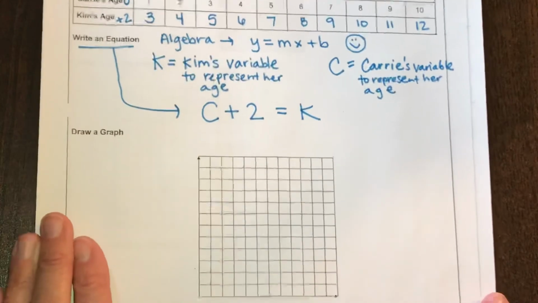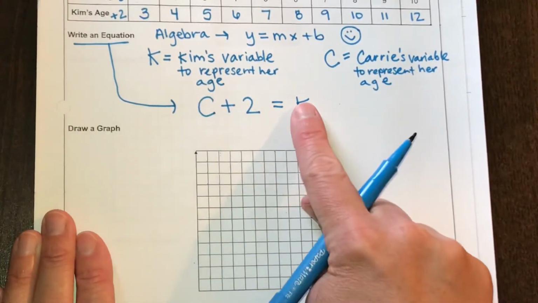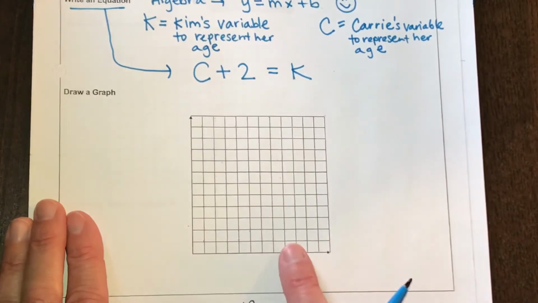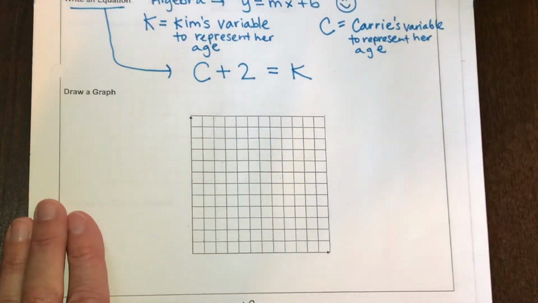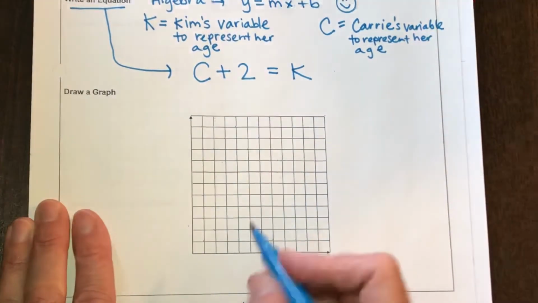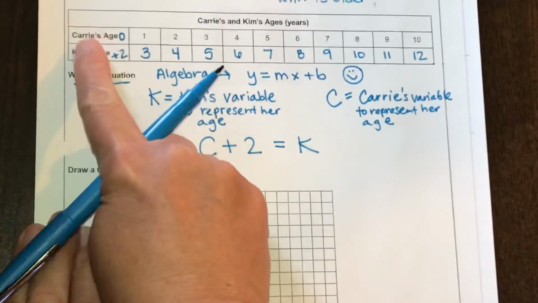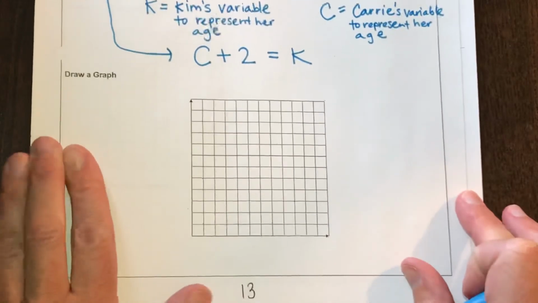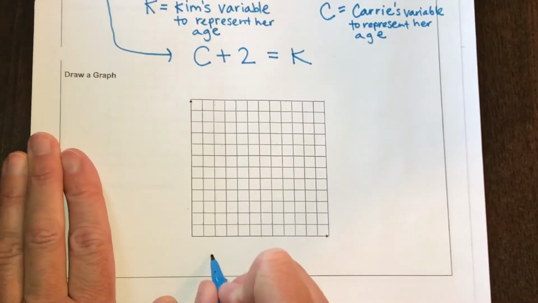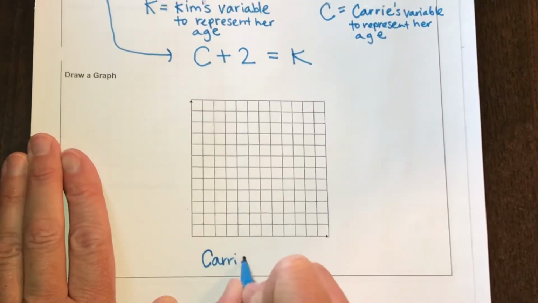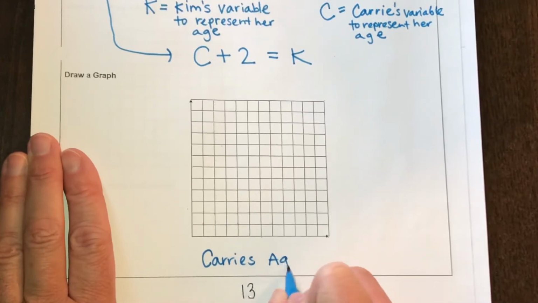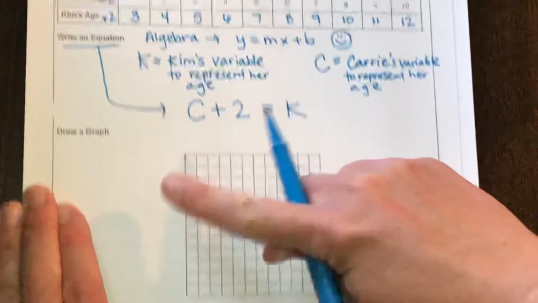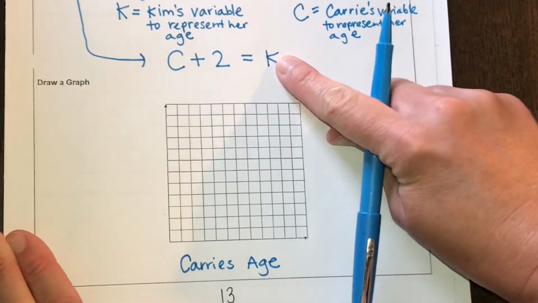Now what I'm going to do is graph this equation. But I need to label my axes first. So what I'm going to do is start with what I was given. I was given Carrie's age, so I'm going to put that on my x-axis. And after I knew Carrie's age, I found Kim's age.